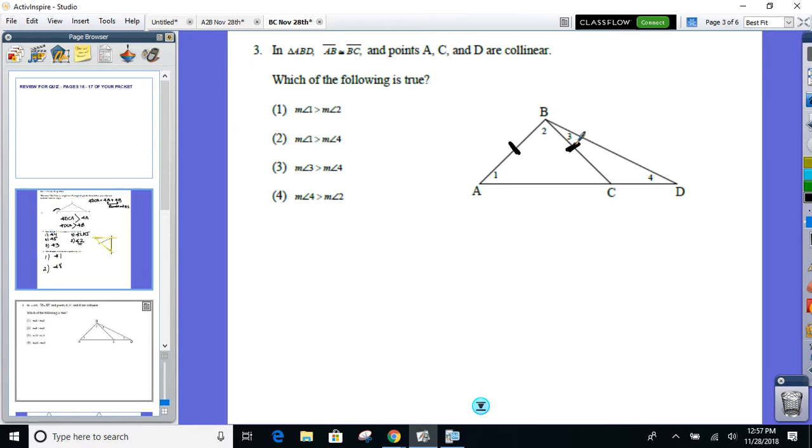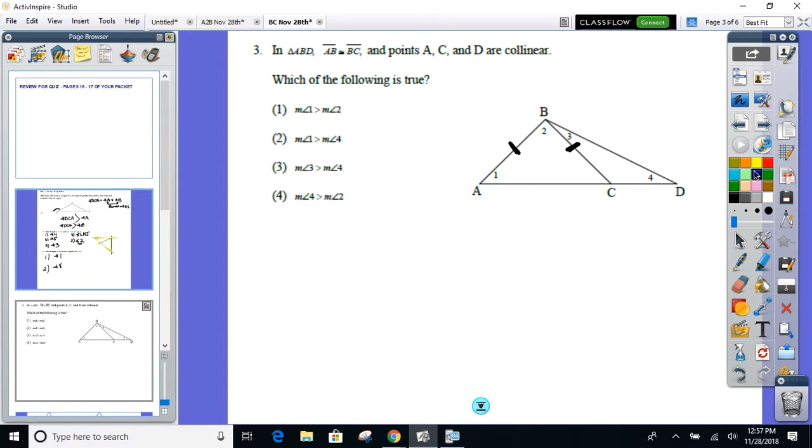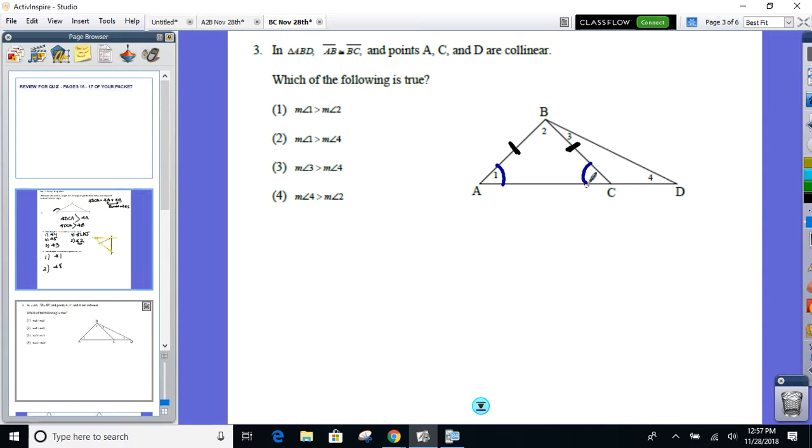First, start with the given. Where can you go if you know these two sides are congruent? The angles across. Angle 1 is congruent to angle BCA. Okay, so those two angles are congruent. But let's look at BCA right now.